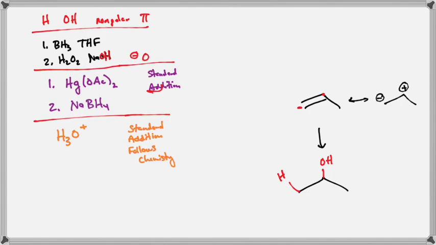Where's the H coming from? BH3. Awesome. What is the charge on the H? It's negative. BH3 supplies a negative hydrogen.